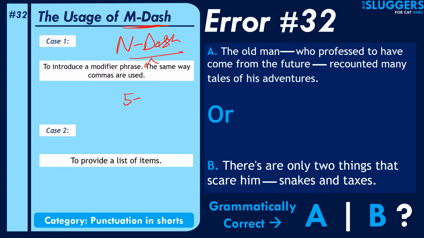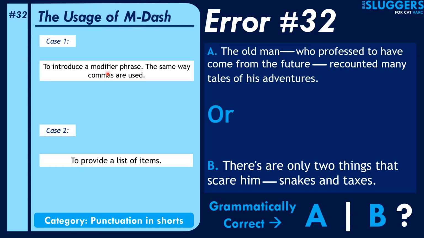Focus on the M dash part, which I do think can be the subject of a question. The M dash is considered to be slightly wider. N dash is generally used with numbers, continuous durations, maybe in a list, or between dates, starting date and end date.